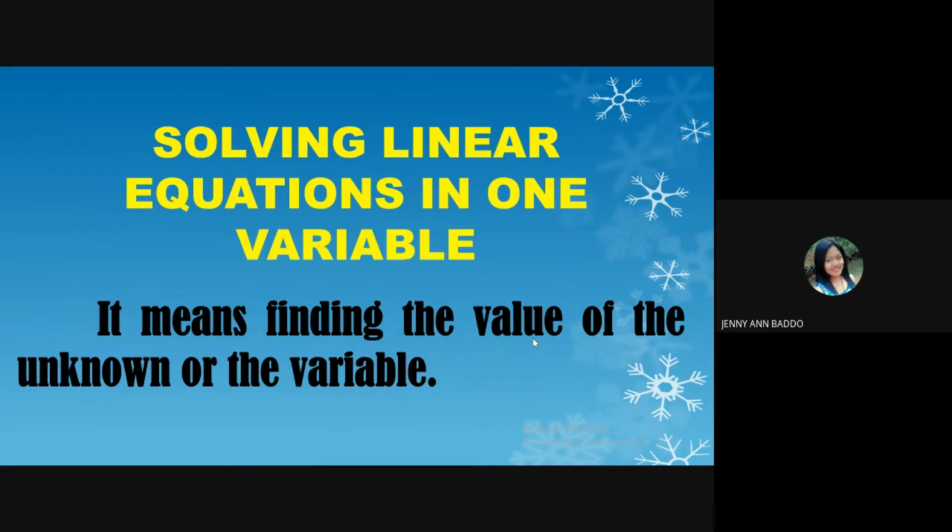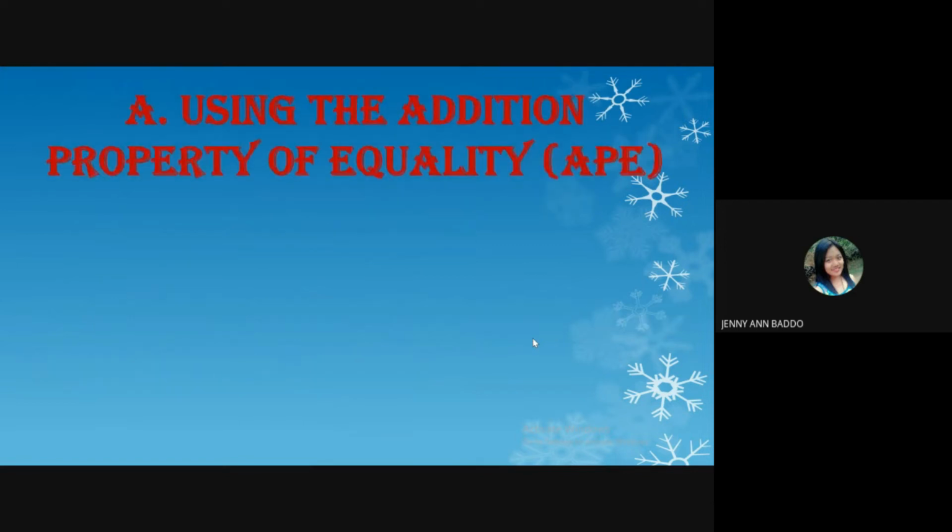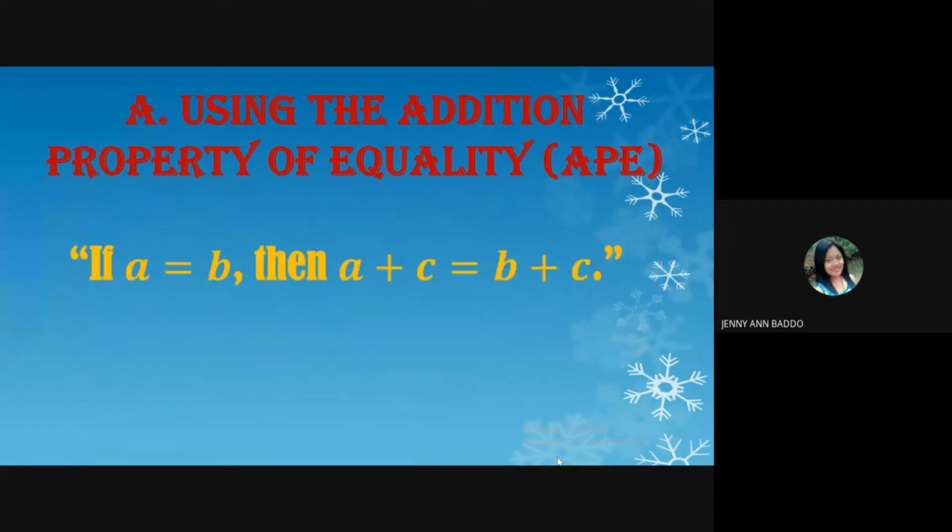In doing this, we can use the addition property of equality, or the APE, which states that if A equals B, then A plus C equals B plus C. So if we add a value to the left side of the equation, then you must also add the same value or number to the right side of the equation.